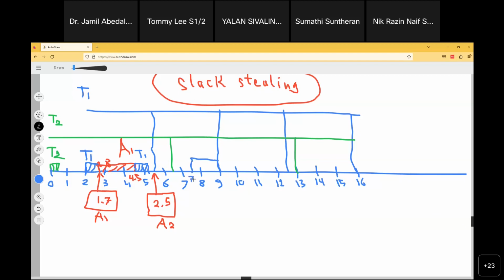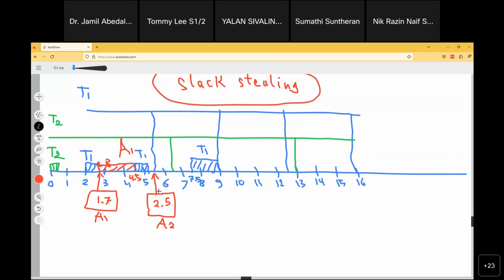Correct? 7.5, this is for task 1. And in this way, we can execute the aperiodic job. I repeat what I said in the slide: since we know the execution time of periodic jobs, which is task 1, we can move the slack time to the start of the frame, running the periodic job just in time to meet its deadline. That's what we did.